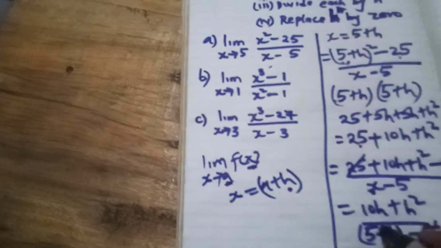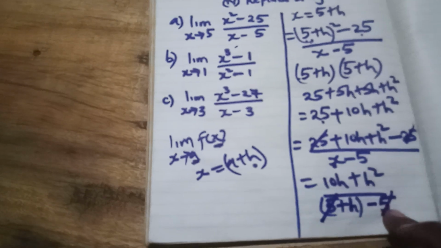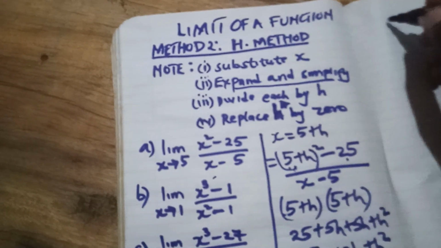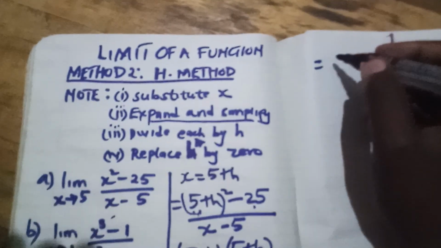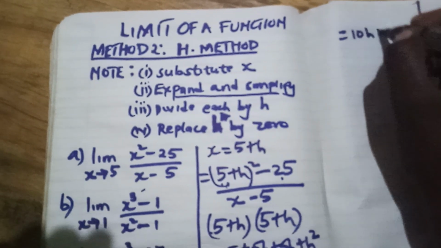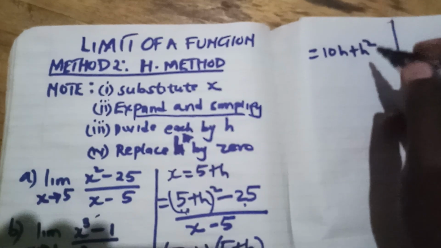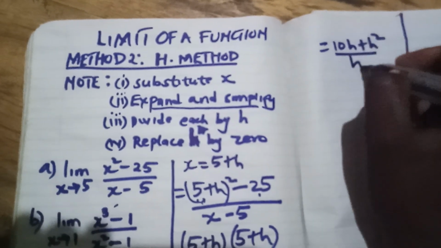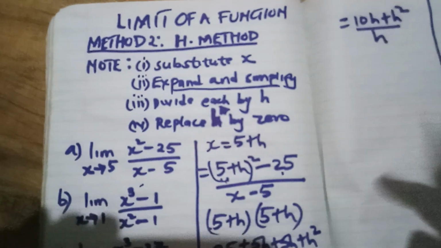So this 5 will cancel with this 5, and we remain with 10h plus h squared, divided by h. As we said, the third procedure is to divide through by h.